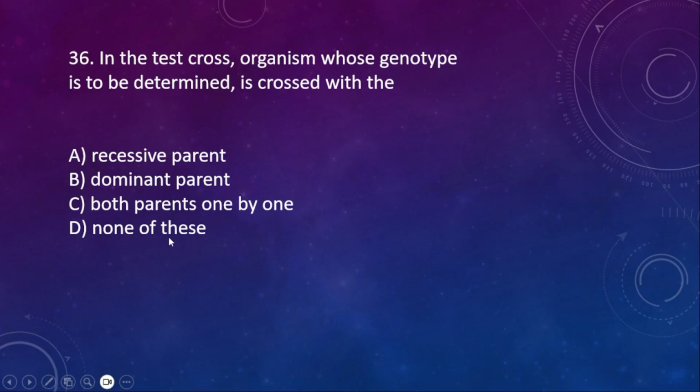Here the right option is option A, recessive parent. A test cross is a fundamental genetic tool used to determine the unknown genotype of an individual that displays a dominant phenotype. So here A is correct.